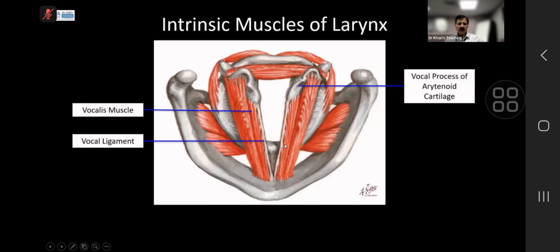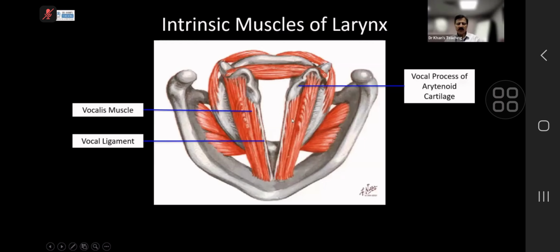Now, within the larynx, there are multiple muscles. These are endolaryngeal muscles. You don't have to worry, but they will give you a soft tissue attenuation. You cannot discriminate them on imaging, but you should understand the concept. So we are looking from the superior side, and this is the arytenoid cartilage. This is the vocal ligament, and on it is sitting the vocalis muscle.